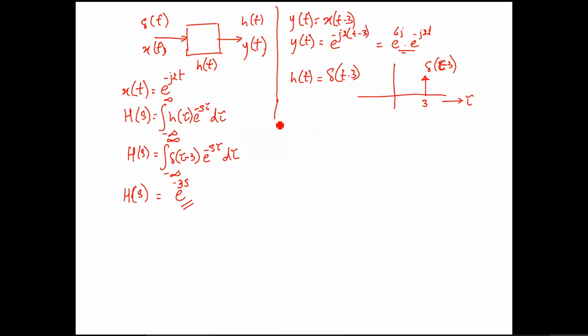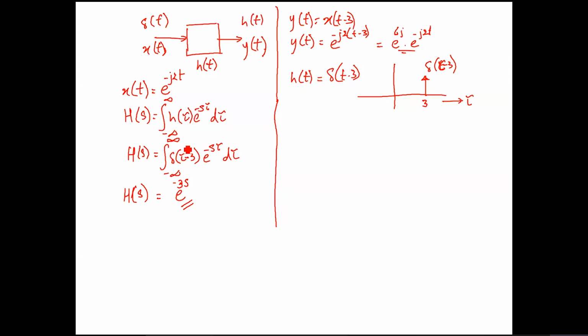So the way this eigenvalue concept is used is, the first thing we need to do is find your eigenvalue h of s, which is the Laplace transform of h of t, or just the integral of h of tau e to the power minus s tau d tau.